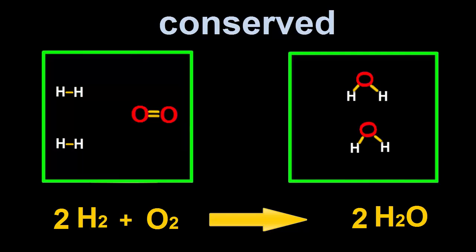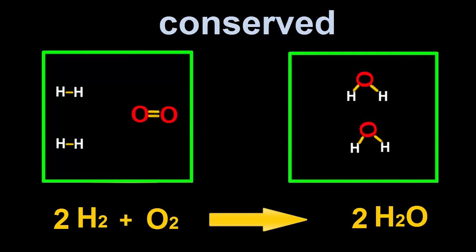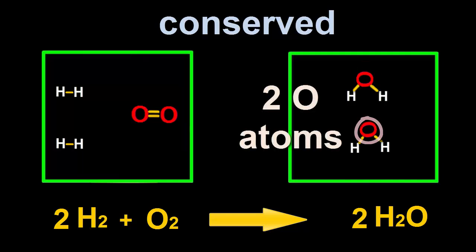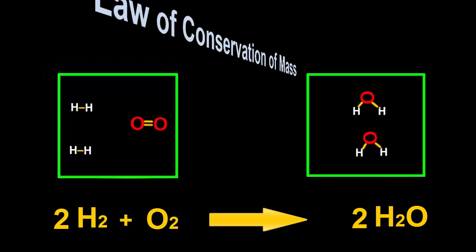Let's look at the oxygen atoms. At the beginning there's 1 O2 molecule, and this contains 2 oxygen atoms. At the end there are 2 H2O molecules, which also contain 2 oxygen atoms. No change. Because the atoms don't change their weights, this is also called the law of conservation of mass.